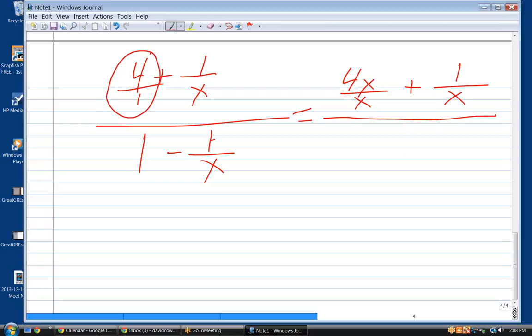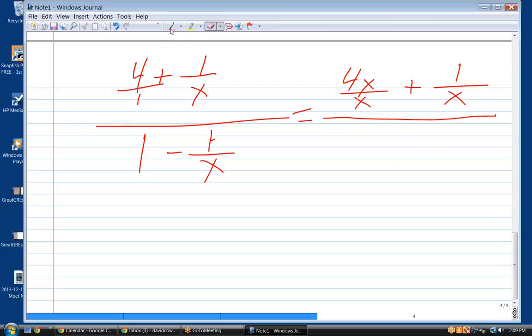The way I got this was to multiply 4 over 1 times x over x. You can always multiply a fraction by 1 without changing its value, and the secret to algebra is figuring out what that 1 should be. So 4x over x is the same as 4, and now I have a least common denominator.